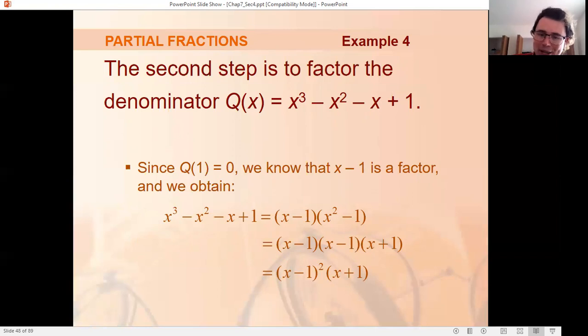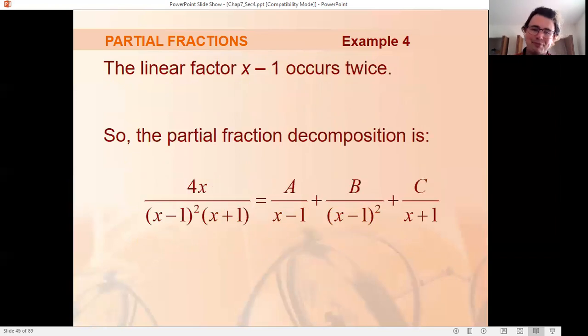What's the other term we get? x squared minus 1. Again, there is my very nice difference of squares factorization. So I can rewrite this as x minus 1 squared times x plus 1. There's my repeated factor.